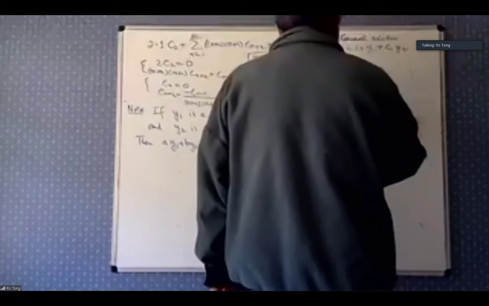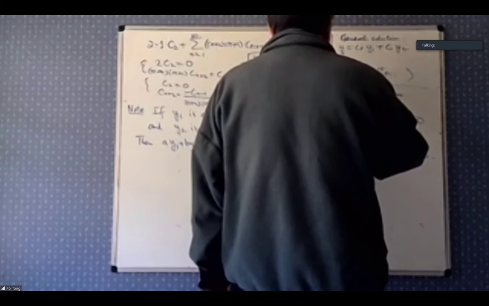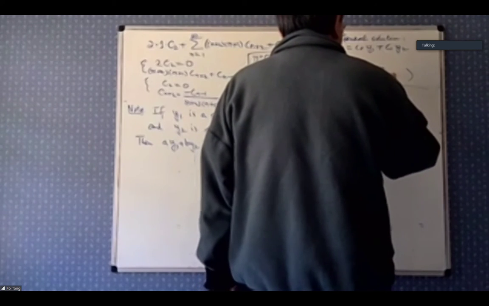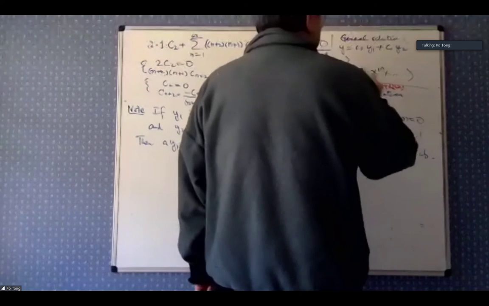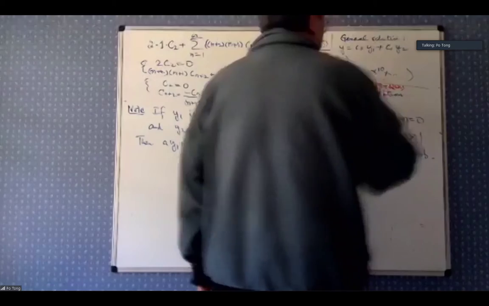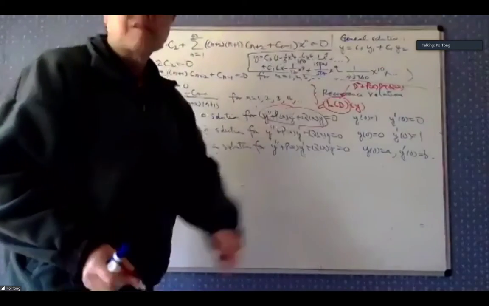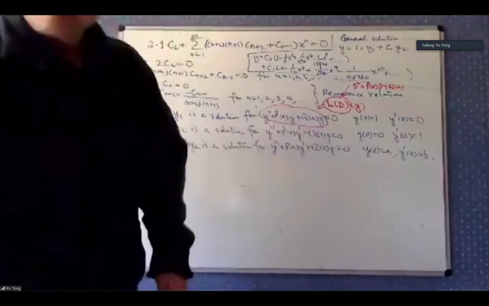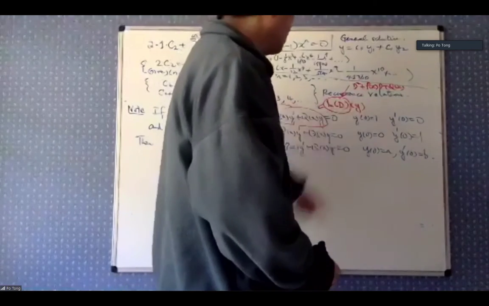L is just D squared plus p(x) D plus q(x). I'm just using this notation so that I don't have to rewrite this again and again. So L is a linear operator operating on y.